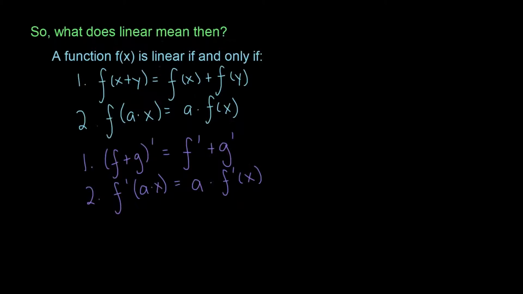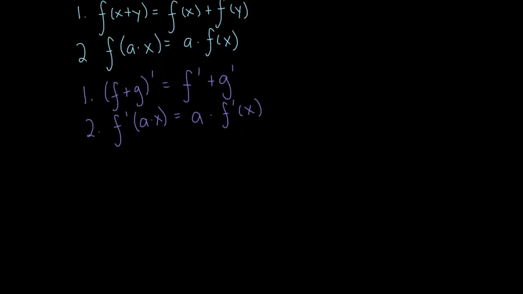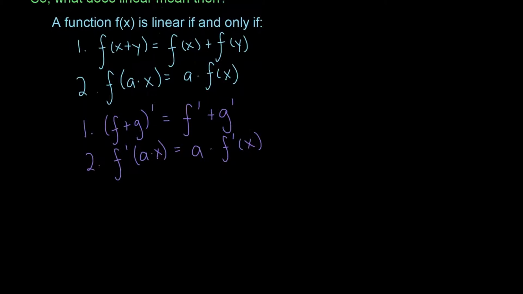So let's see an example for how that would work. Let's say our function f was x squared, and let's say g was 3x. Let's go ahead and check this first rule. We want to check that if we have f plus g and we take the derivative, then that equals f prime plus g prime.